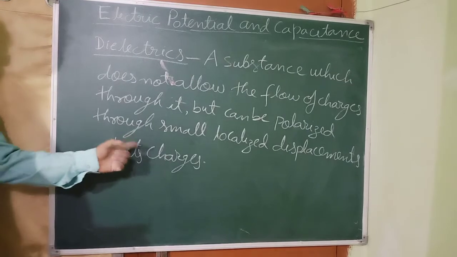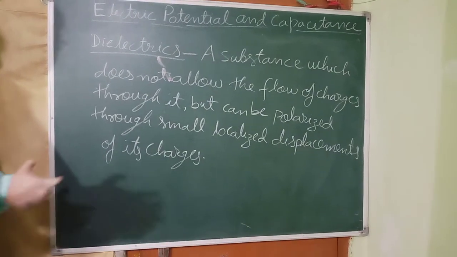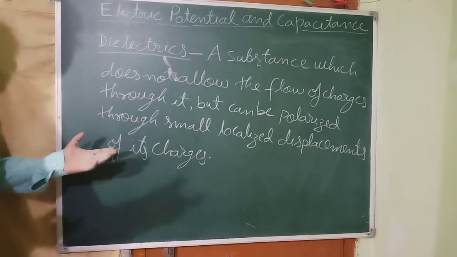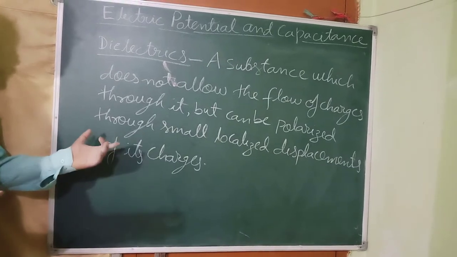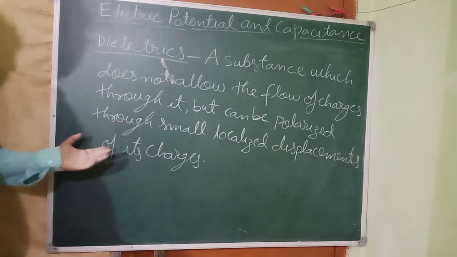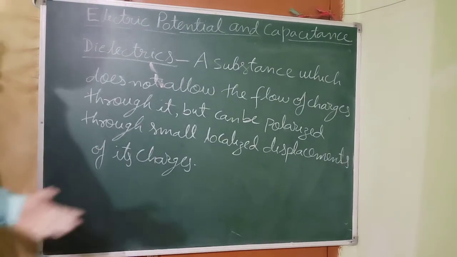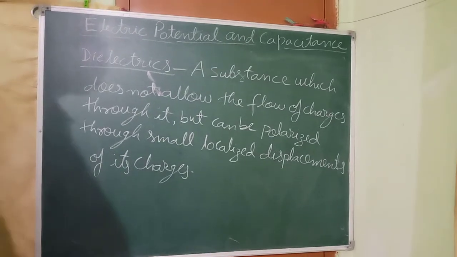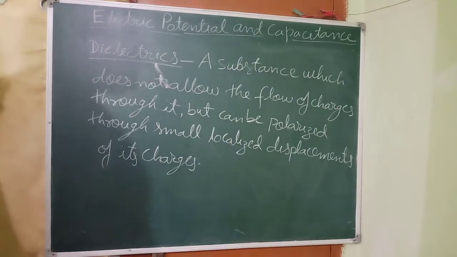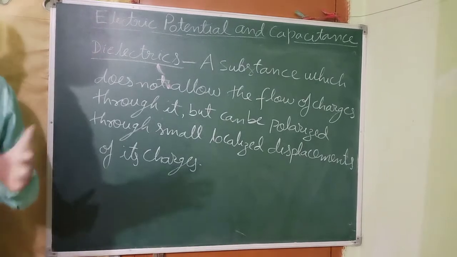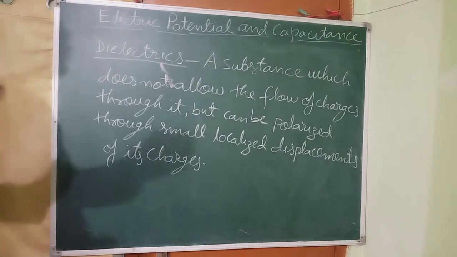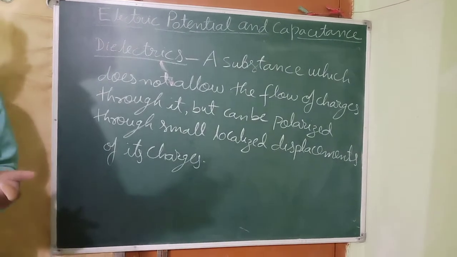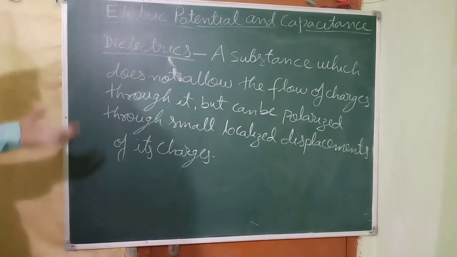What does it mean? Through a small localized displacement of their charges, they can be polarized. Which charges are they talking about? The charges in the atom. Atoms have electrons revolving around the nucleus, and the nucleus is positively charged. Electrons are negatively charged. So what happens now?